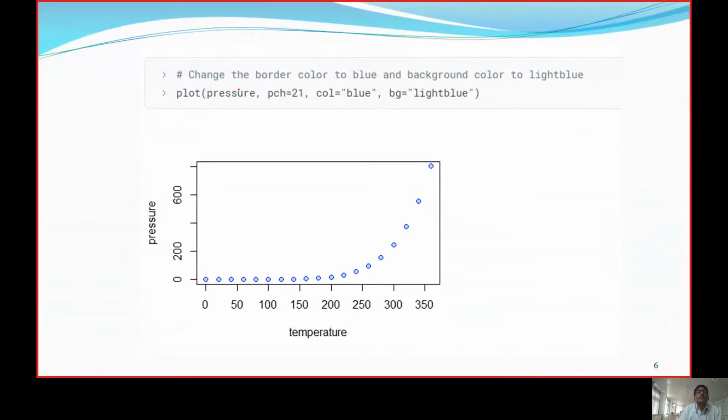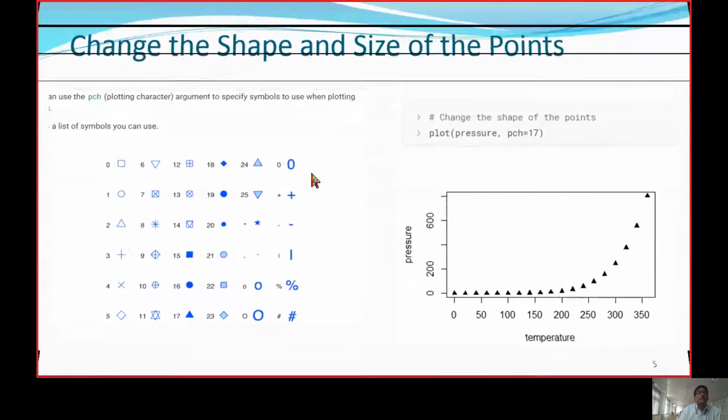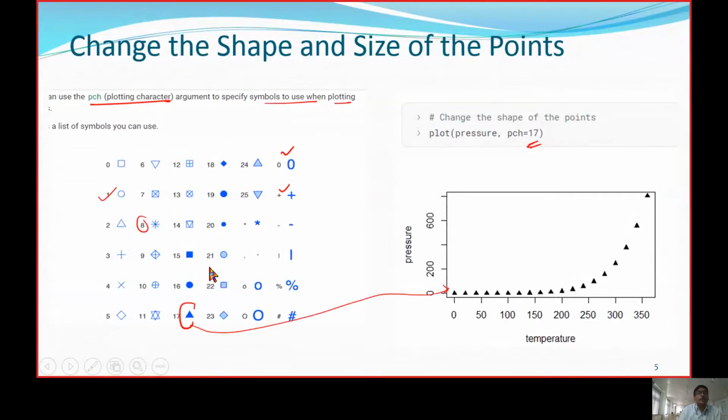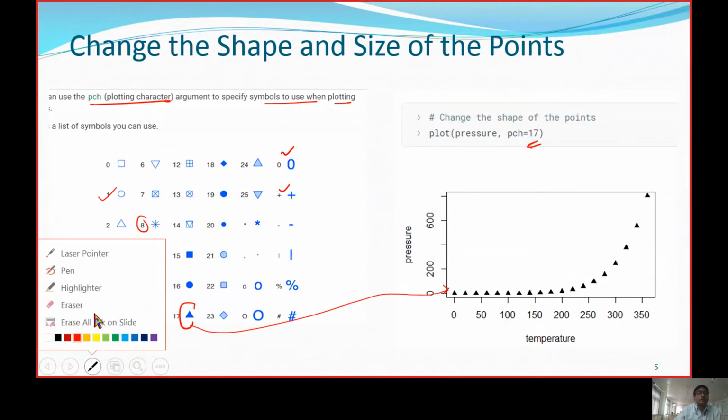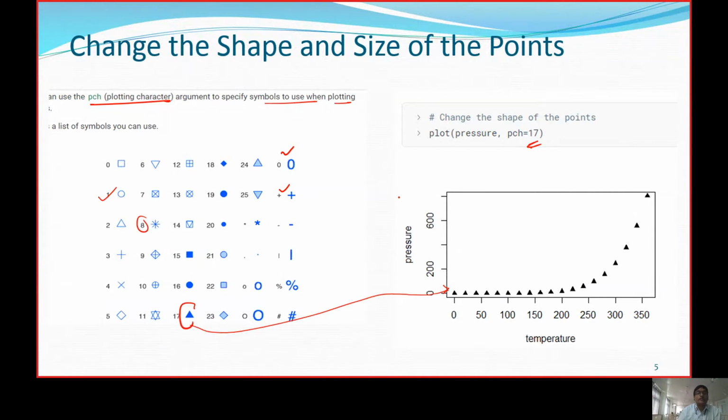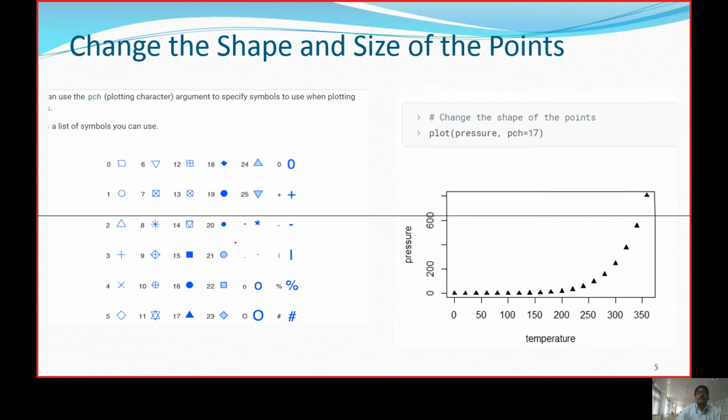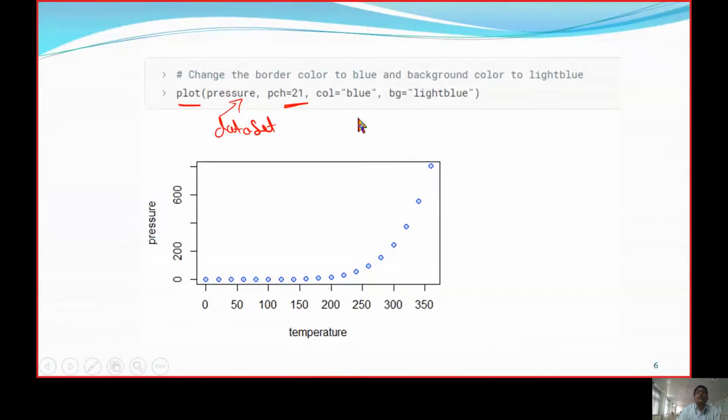Now, a little more extension here. You can see plot and the data set. This was the data set here, and PCH was 21. When the PCH was 21, we can interpret that as the circle, but there is a background color and a foreground color for a circle that would need to be mentioned.